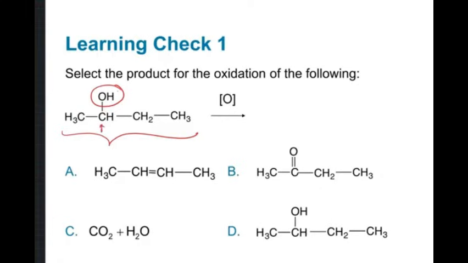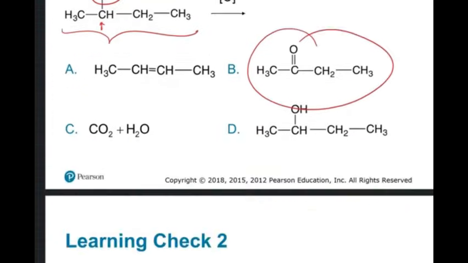This carbon is connected to how many other carbons? So secondary. When the secondary alcohol is oxidized, what does it form? A ketone or an aldehyde? That's the answer. Make sense?